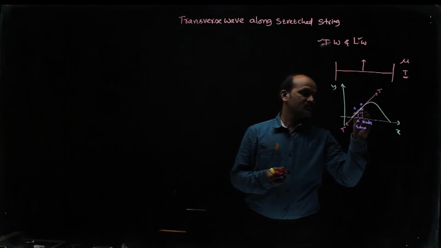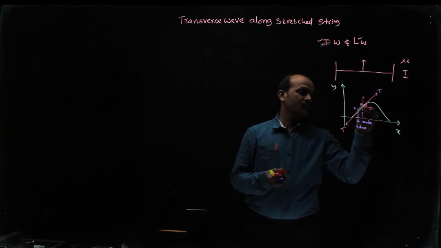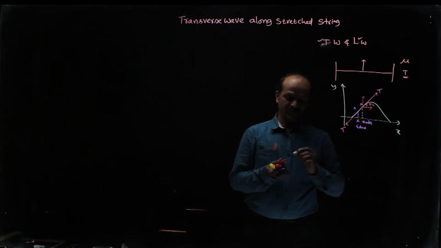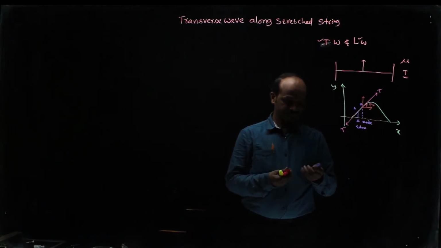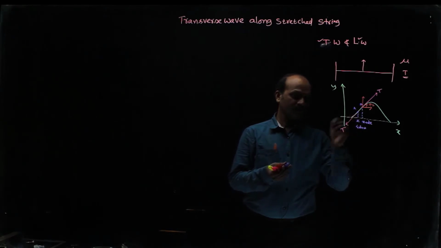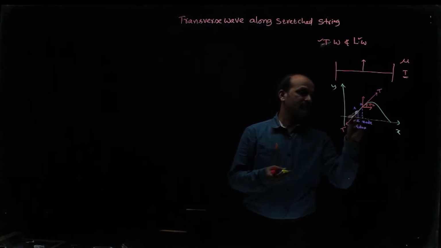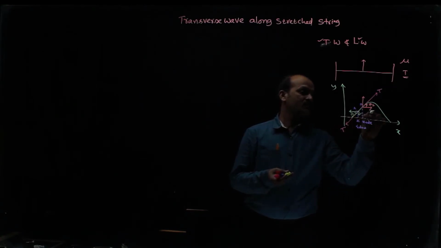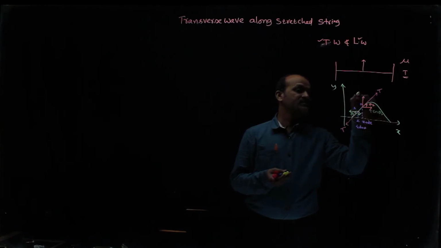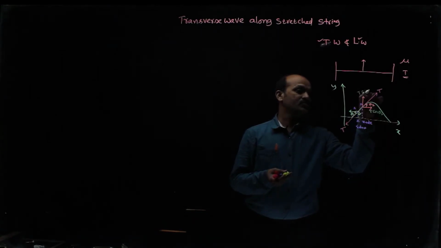This tension here makes theta 2 angle, and here, say, it is theta 1 angle. Right, and this value is how much? T cos theta 2 is this component, and this is T sin theta 2.